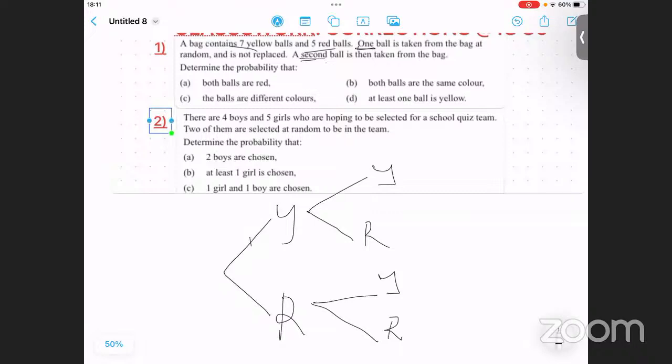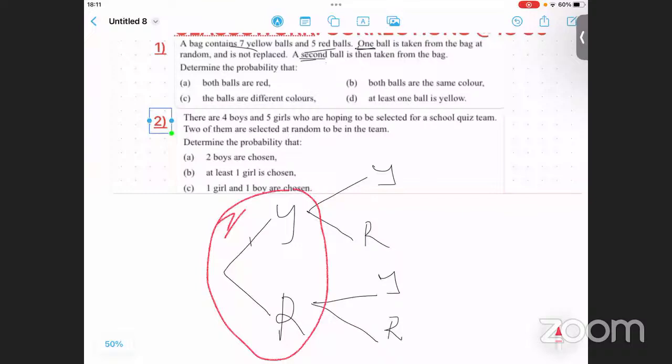So the probability for the first one is going to be 7 yellow, so 7 over 7 plus 5.